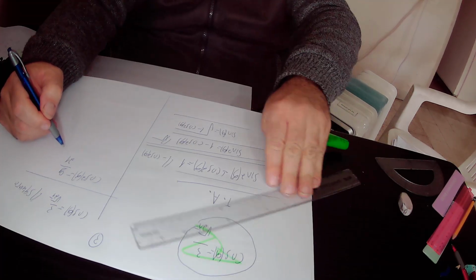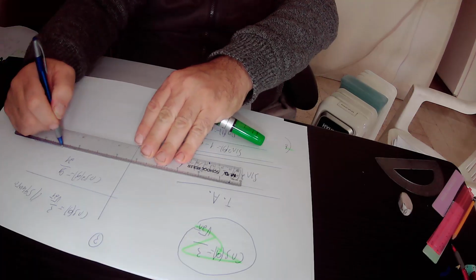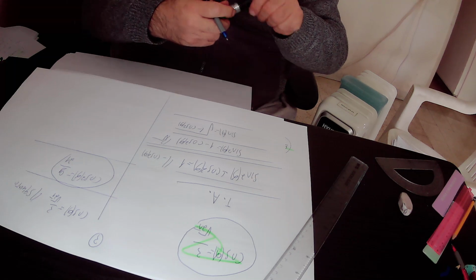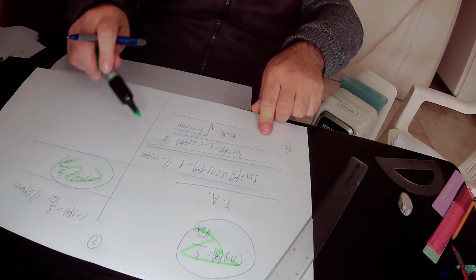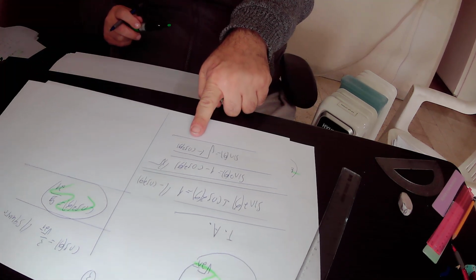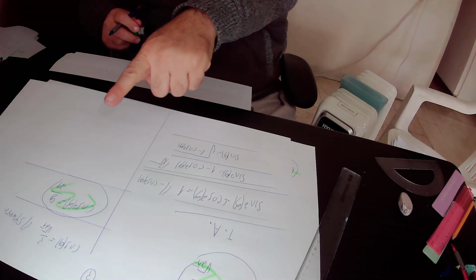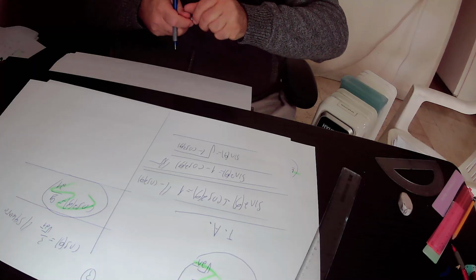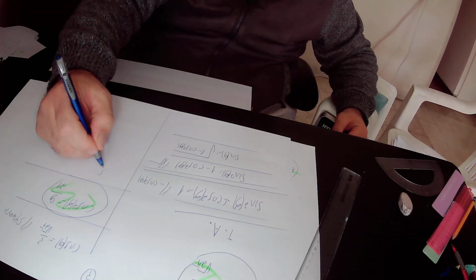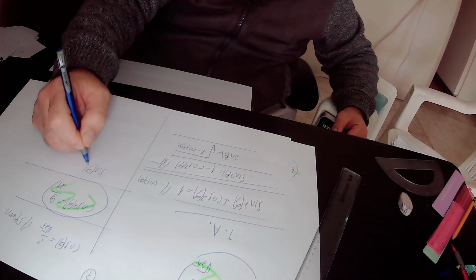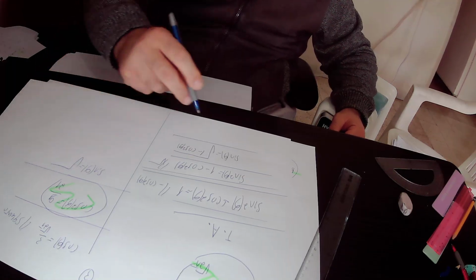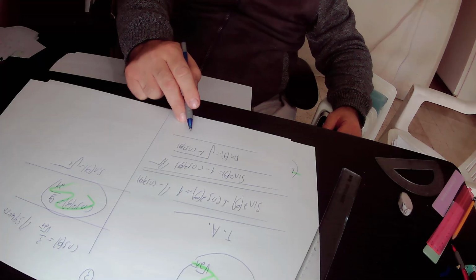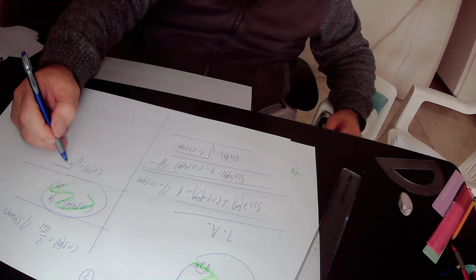So in total we found out that cosine square alpha equals 9 over 21. So now we can substitute cosine square alpha in this trigonometric identity by 9 over 21. And again, we have sine alpha equals the square root of 1 minus cosine square alpha. Cosine square alpha is 9 over 21.